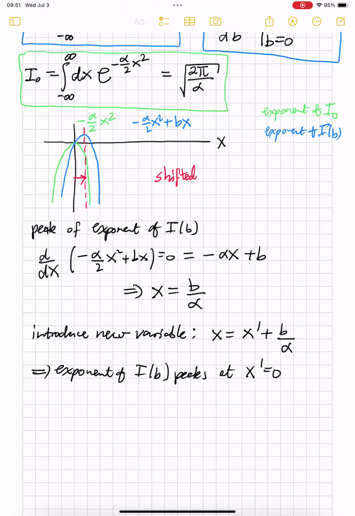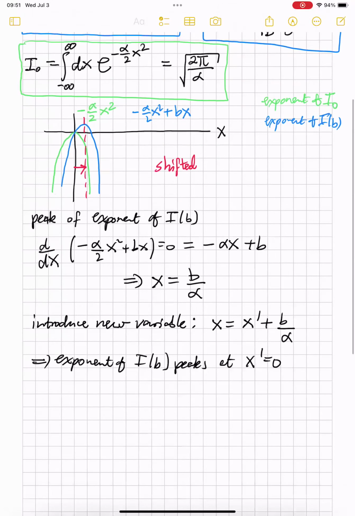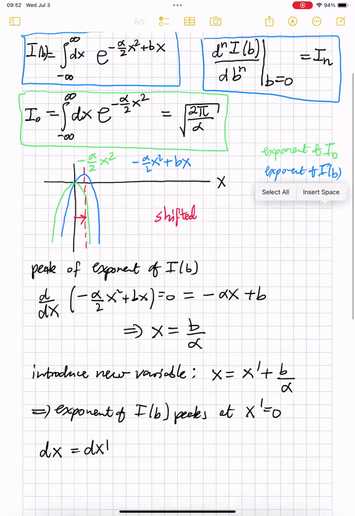So in terms of the x primed variable, the exponent of I of b is peaking at the same place as the exponent of I naught. So this suggests that it may be interesting to rewrite I of b in terms of x primed. So let's do that. The first thing is, dx will be equal to dx prime because x and x prime differ only by shifting by a constant. So that's good. So now what does I of b look like?